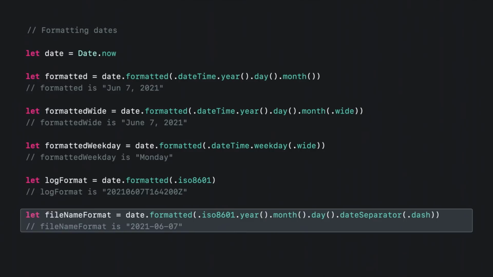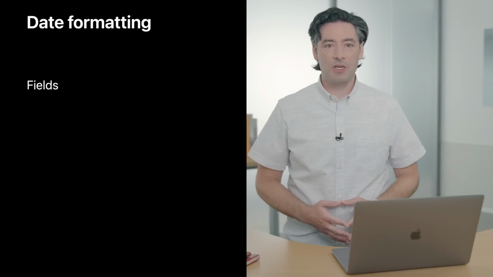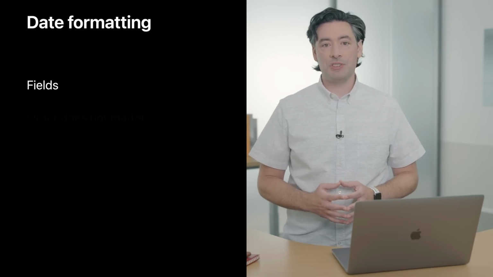With these examples, the formatting pattern becomes clear. We start with the value we want to format. We call the formatted function, and the argument is the style. There may be more than one kind of style for each type. Date, for example, has both date time and ISO 8601. The style can be used in a default configuration or customized. This formatting API works by specifying a list of fields, some of which have additional options.